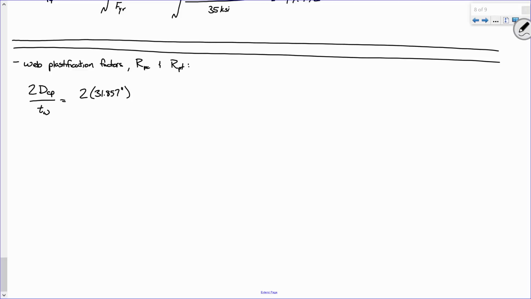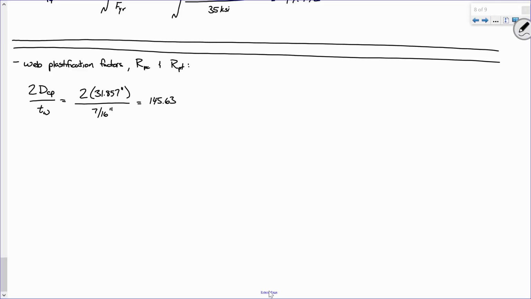Is that what DCP was? Over the web thickness, and this web was 7/16 or a half? 7/16. When you plug and chug, that gives you a web slenderness of about 145.63.